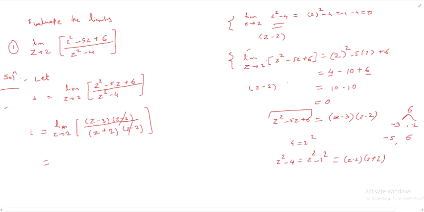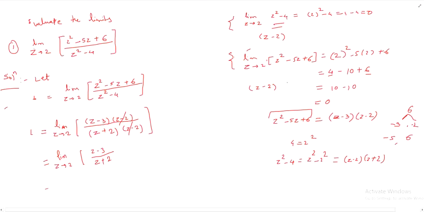If you look at the remaining factors, in the denominator there is z plus 2, and if we substitute z equal to 2, then 2 plus 2 becomes 4, so the denominator is not going to become 0. That's why we can take directly the limit of the remaining terms: in the numerator z minus 3 and in the denominator z plus 2.